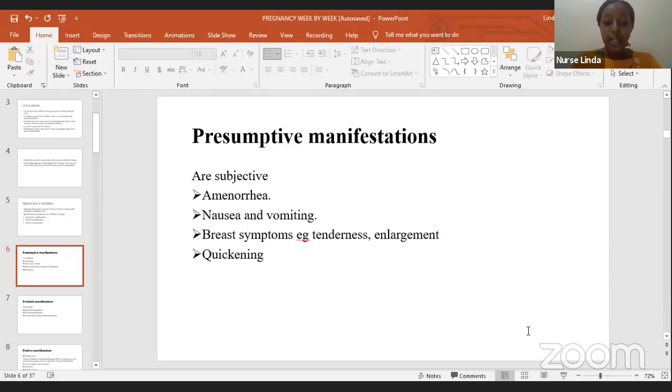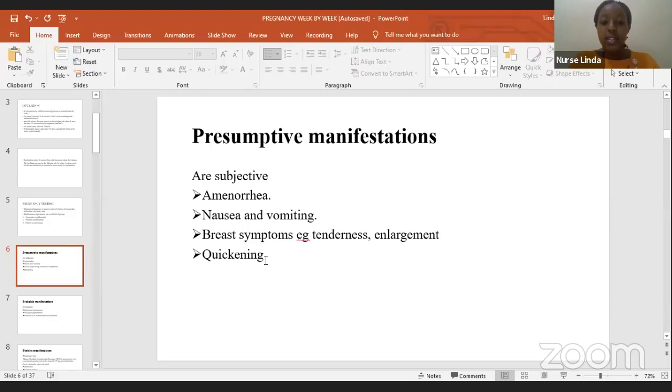Now, quickening is a movement a woman might feel in their belly when a baby moves. In this case, we are going to refer to it as a fetus. It's only a baby after it is born, all right? So we are going to talk about a fetus. Quickening is the feeling of fetal movements inside the belly.